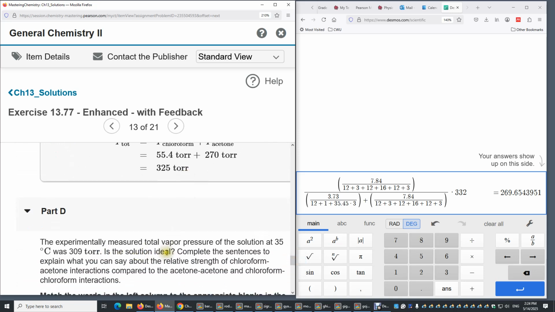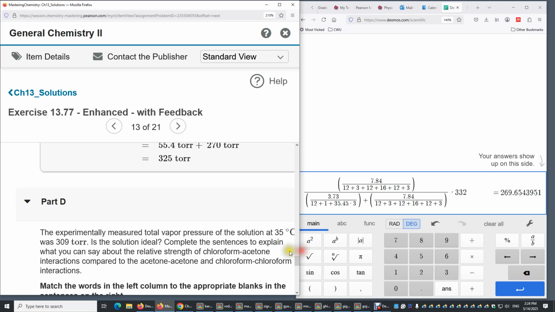Is this solution ideal? No, it's not ideal. Because assuming ideal behavior, we should get 325. Now we have only 309, below 325. And this is because these two chemicals, chloroform and acetone, attract each other significantly.